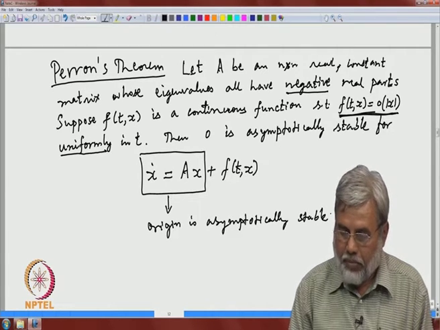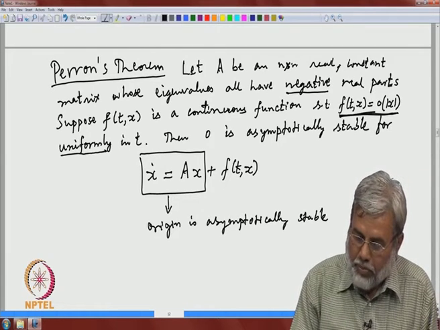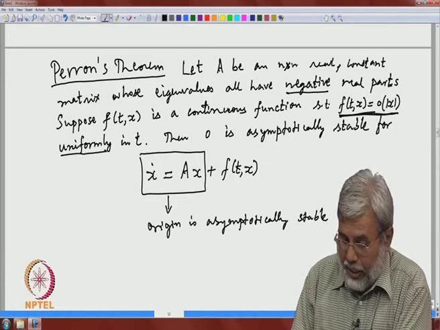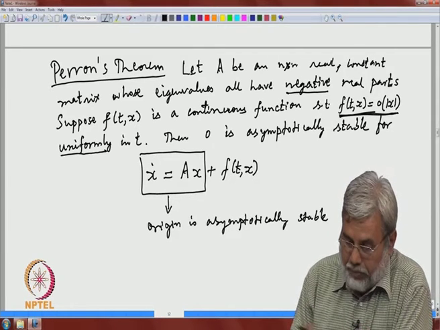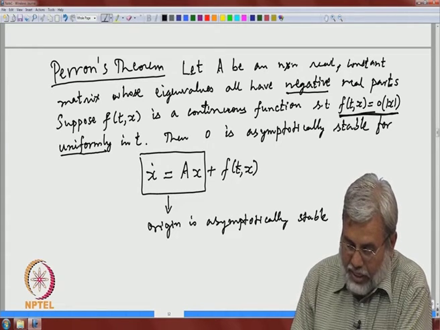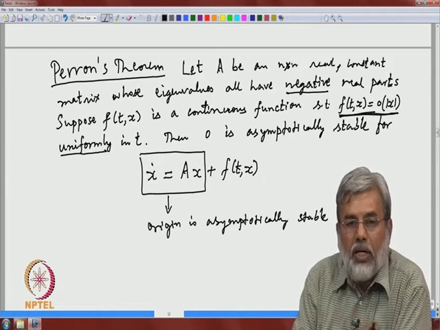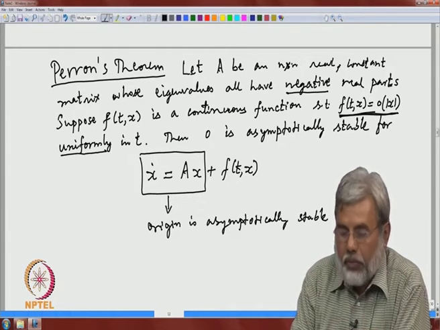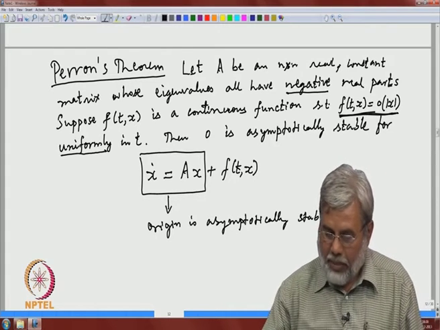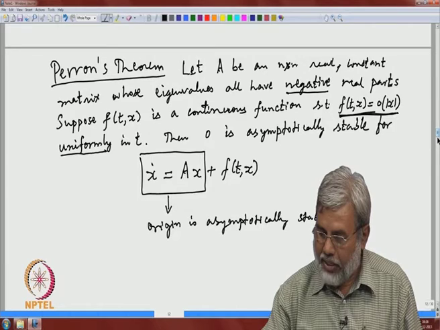And Perron's theorem tells that a small perturbation will not alter the nature of that asymptotic stability. So, even for the nonlinear system it will be asymptotically stable, and this is one positive result. Okay. Maybe next time I will give a proof of that.